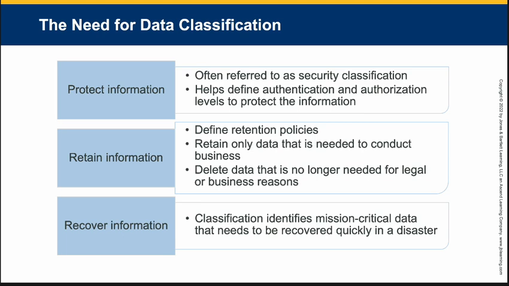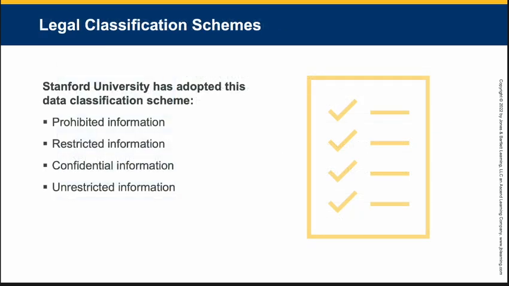In terms of legal classification, universities like Stanford have also adopted a scheme, in this case prohibited, restricted, confidential and unrestricted information. On top of that, we also have military classification. This is according to the National Security Executive Order 12356.